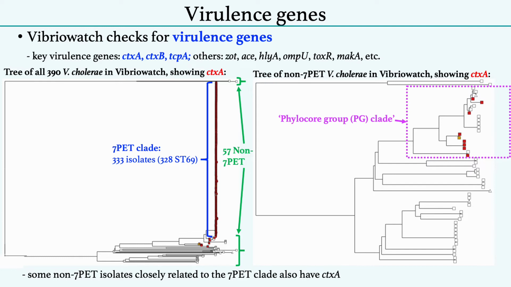This tells us that the CTXA gene is limited mainly to 7 pandemic isolates, but also to some closely related isolates. This type of analysis can be useful in figuring out the likely virulence of an isolate that you have sequenced.